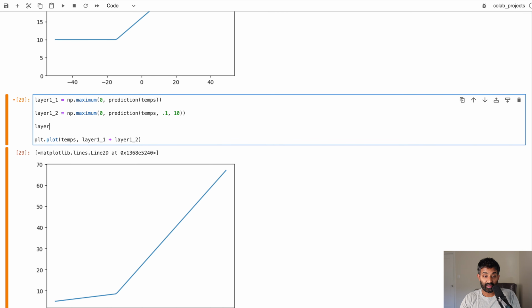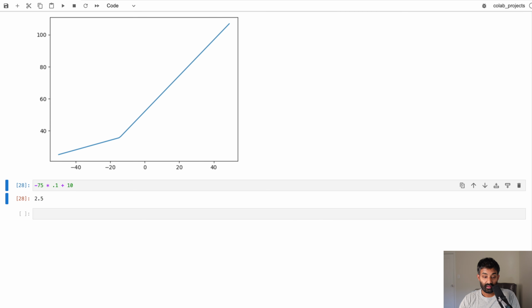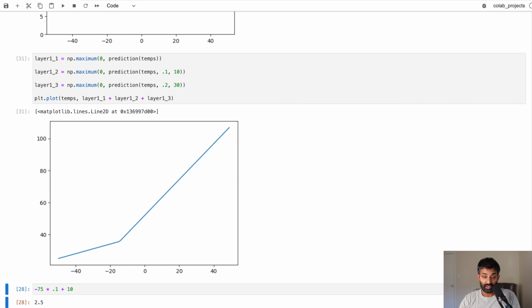So, for example, let's say we want to do layer 1, unit 3. And we're going to do ReLU again, but this time we'll pass in a slightly different set of weights. Let's say I'm going to set my bias to 30, and we will add in layer 1, 3. Prediction. All right, so you can see we have this non-linear relationship here.